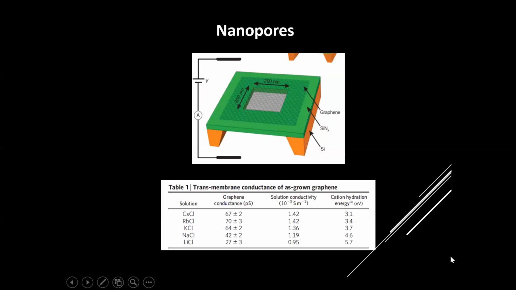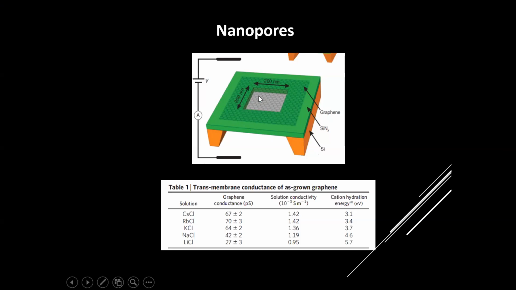Here you see graphene, the hexagonal structure, which has been transferred. You know how to make graphene, and you can peel one layer of graphene and put it on a silicon nitride membrane. Silicon nitride is mechanically strong, and you can etch silicon nitride here.